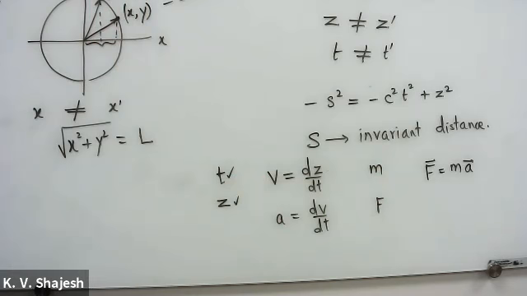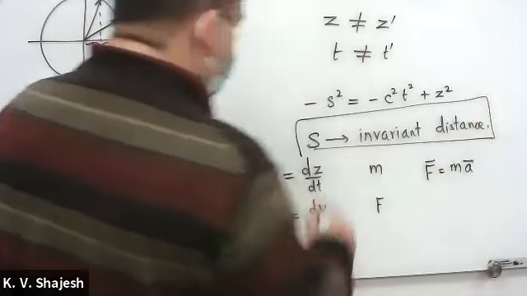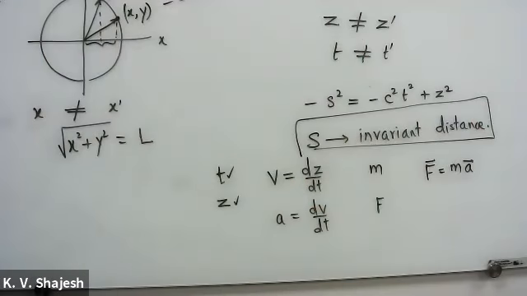And it will be relatively straightforward, and it will all be built out of this invariant distance. That's what we will do. So first, we will have the exam on Friday, and then on Monday, we'll quickly get into the kinematics of relativity. That's all. Thank you.